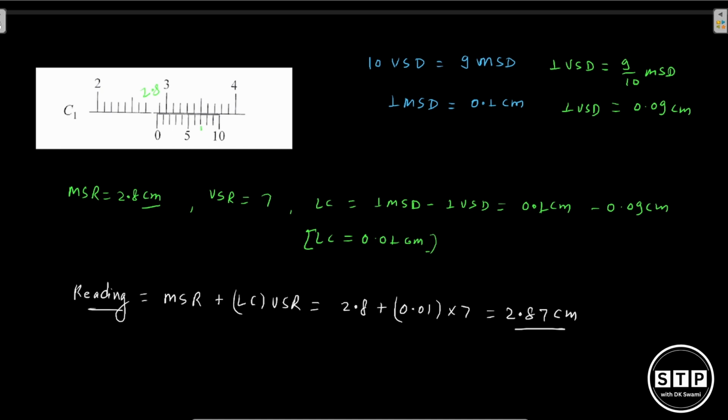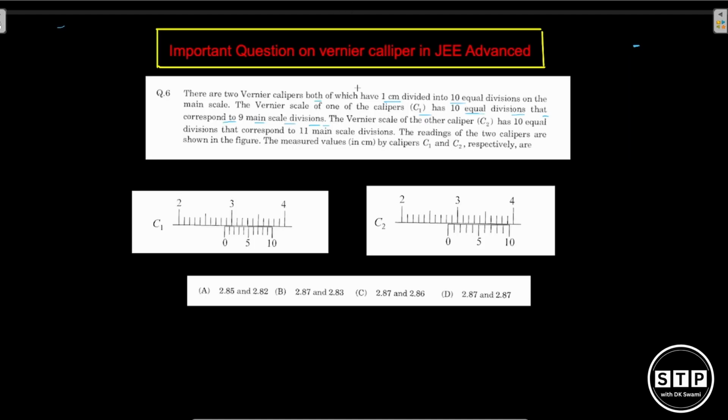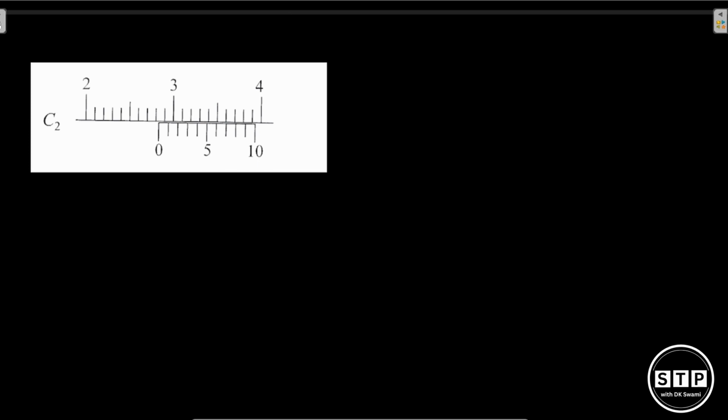Now let's calculate C2. For C2, the condition given in the question is that the vernier scale of the other caliper has 10 equal divisions that correspond to 11 main scale divisions. So 10 VSD equals 11 MSD.